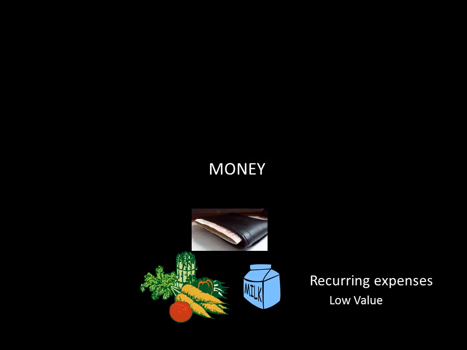So now let's look at the various payment options available for the three categories we defined earlier. For recurring low value expenses, you still had cash, but you could pay your bills through online payment now. You can go to the internet, register the utility provider and pay the bills directly there.